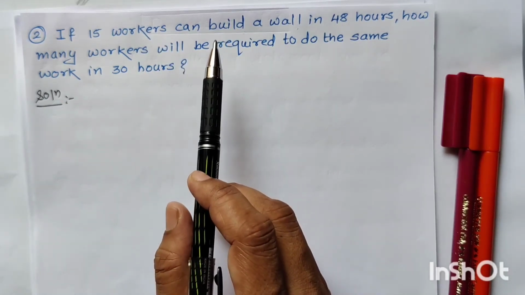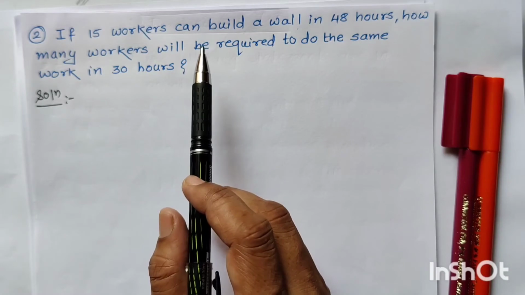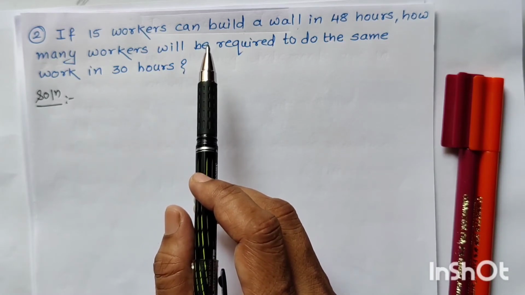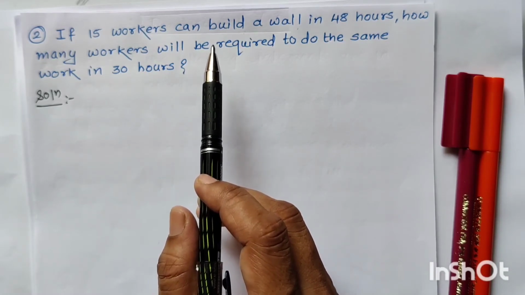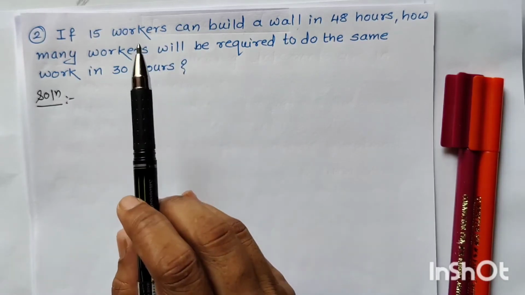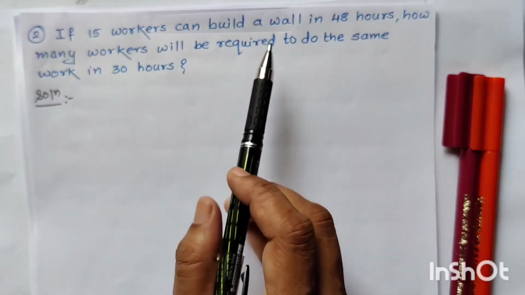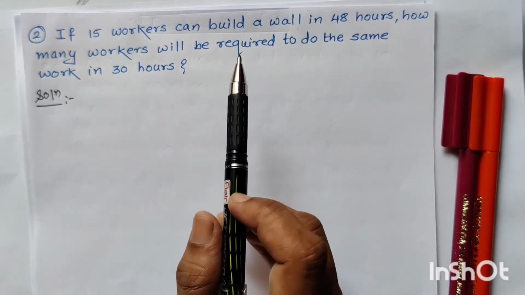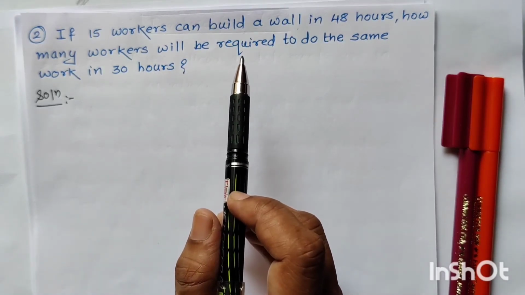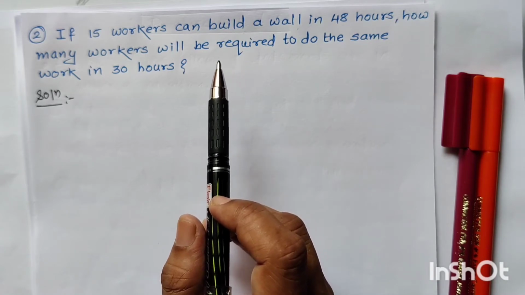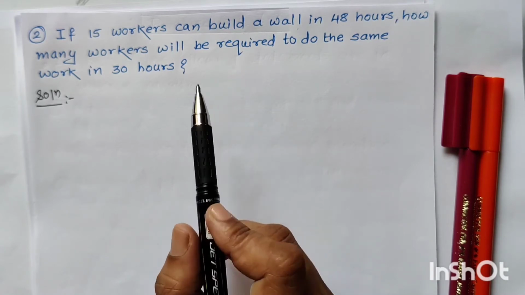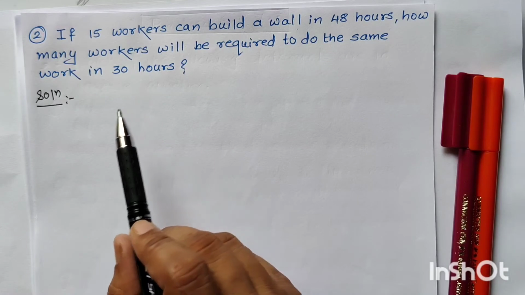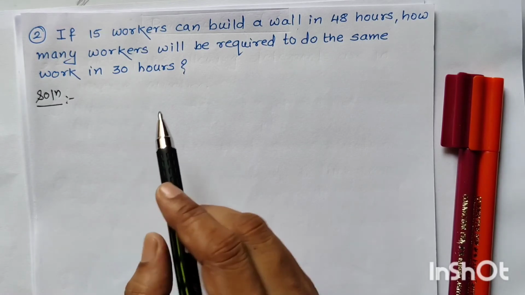Correct? If the workers are more, they take less time to build the wall. And if the workers are less, they will take more time to build the wall. That means when one quantity is increasing, the second quantity decreases. And when the first quantity decreases, the second quantity increases simultaneously. So what type of variation can we see from this? There is an inverse variation.